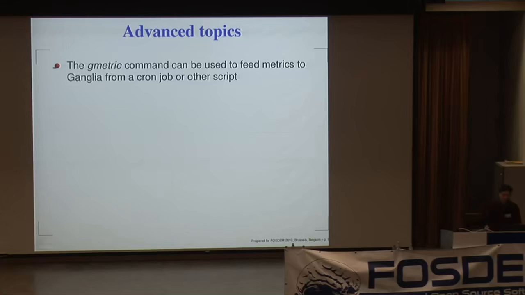So we have this command line tool called gmetric that you can feed metrics to. Typically you either write a script or a program to get the data, for example the temperature reading of your host; usually there's some command that you can run. You would feed it to gmetric, and then your cron job would run it every couple of minutes just to feed it the information.